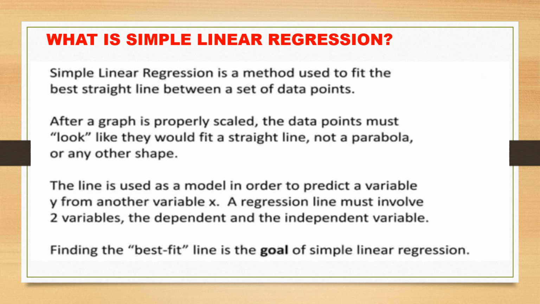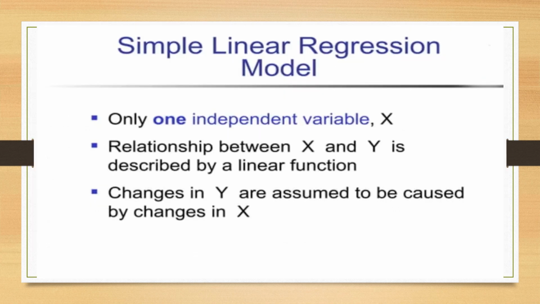The line is used as a model in order to predict a variable y from another variable x. A regression line must involve two variables, that is the dependent and the independent variable. Finding the best fit line is the goal of simple linear regression.